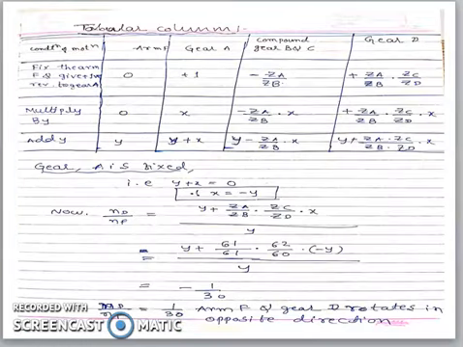Now draw the tabular column. First is the serial number, second is the condition of motion.